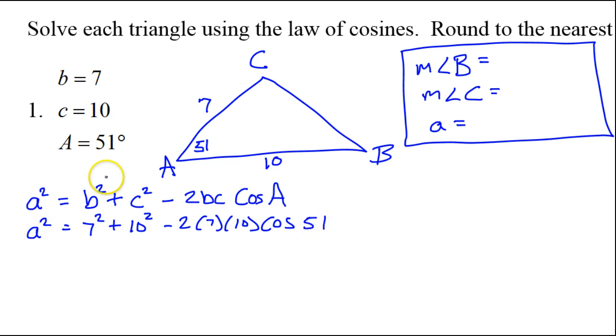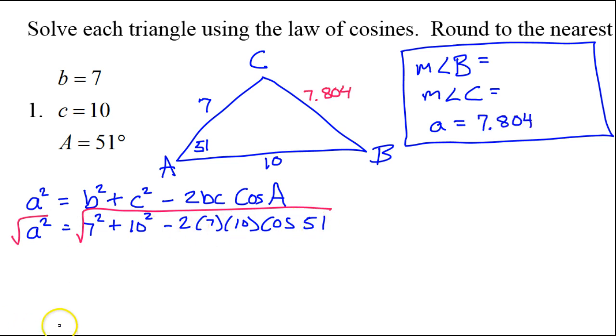Now we want A by itself, so we will have to take the square root of everything. Go ahead and put this entire expression in your calculator right now. I got 7.804.